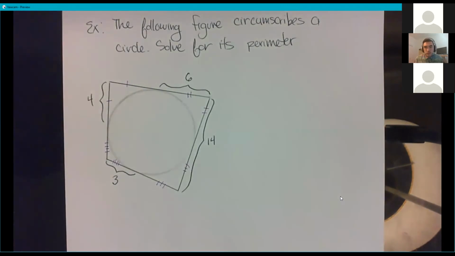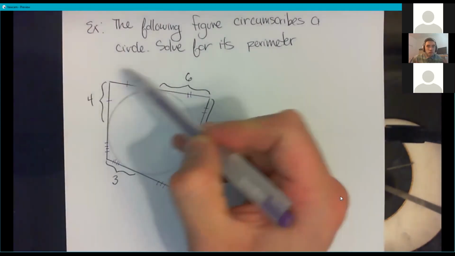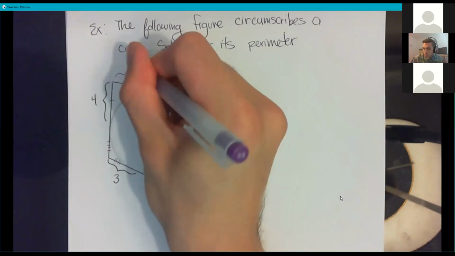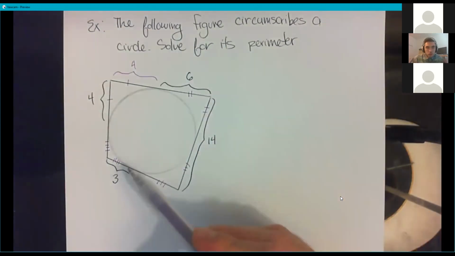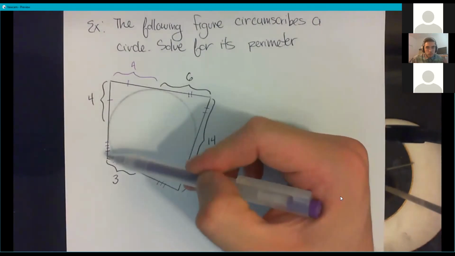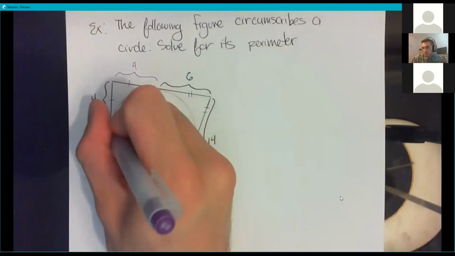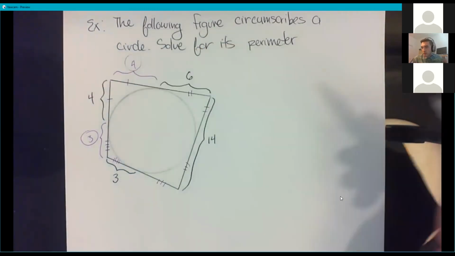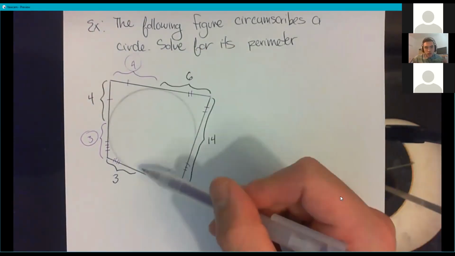And so that allows us to go around and figure out what all of the missing lengths are, every single one of them. If this is 4, what is this? 4. Okay, we're getting there. If this is 3, what is this? 3. So we got that. What about this? How can I learn that?